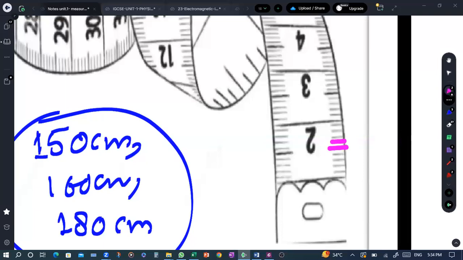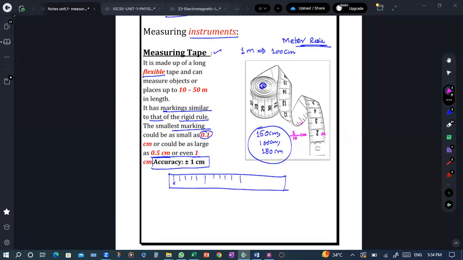How many centimeters do we have in between these two lines? It is 1/10 of a centimeter, which is basically 0.1 centimeter, and that is 1 millimeter. So it cannot give you accurate measurements less than 1 millimeter.